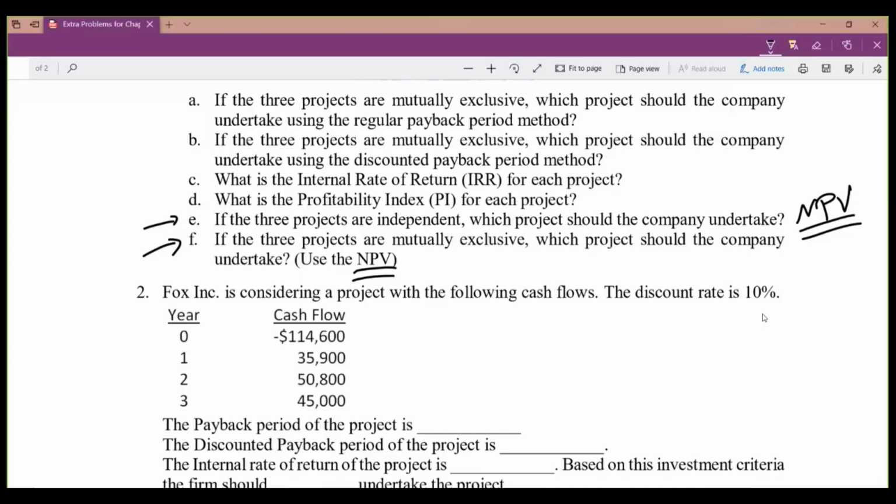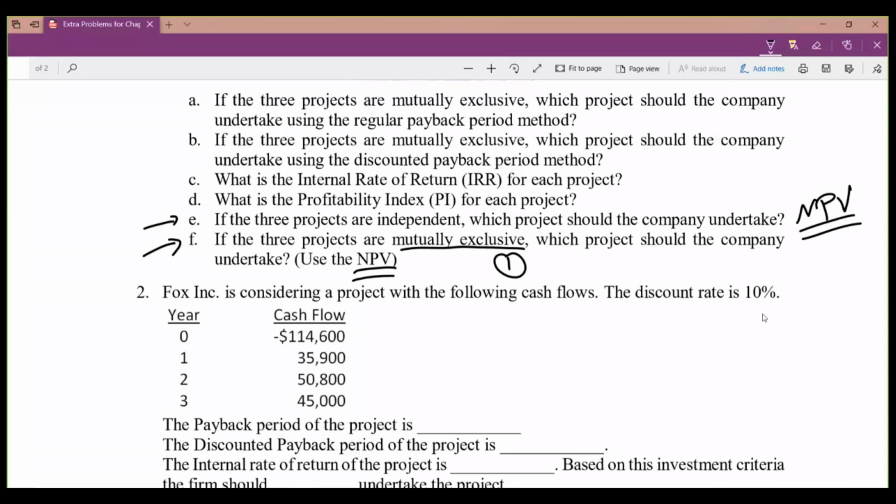And here with the mutually exclusive projects, you should choose only one project, given that that project has a positive net present value. Because let's say you have 2 projects, both of them have a negative net present value. In this case, you can simply decide not to invest in any project, because you will be losing value whether you invest in A or B.